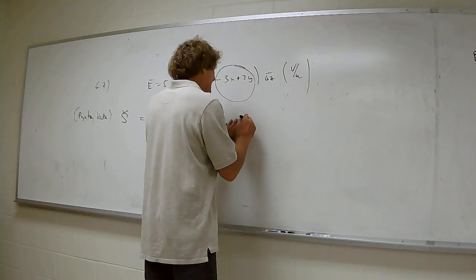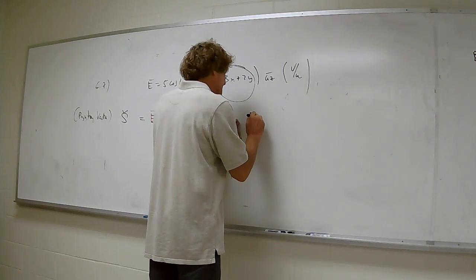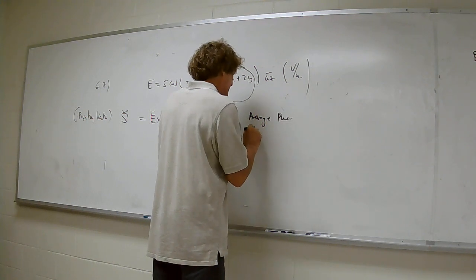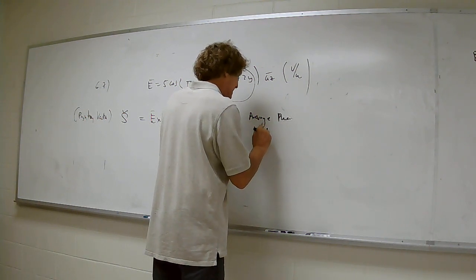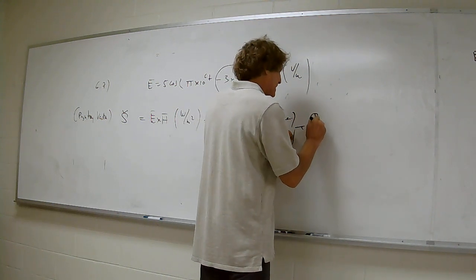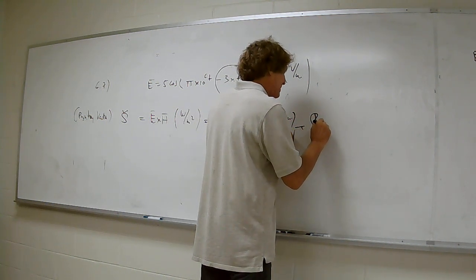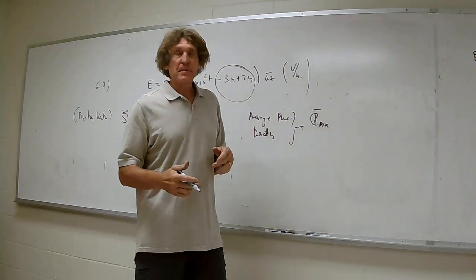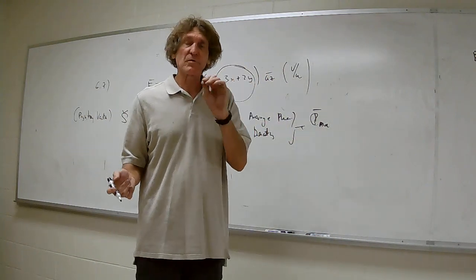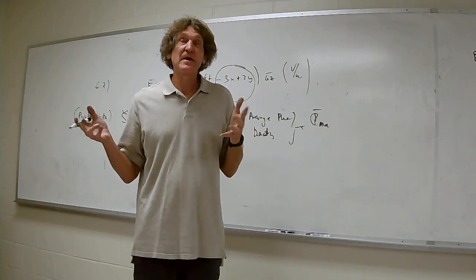If we talk about the average power density, you know how when you had circuits, or however you did it, power was 1/2 the real part of V times I conjugate.